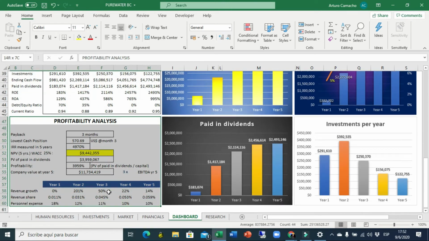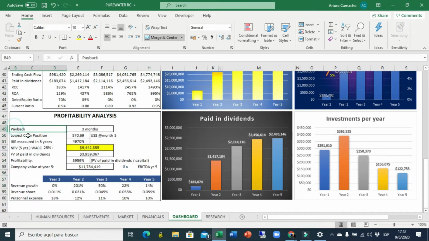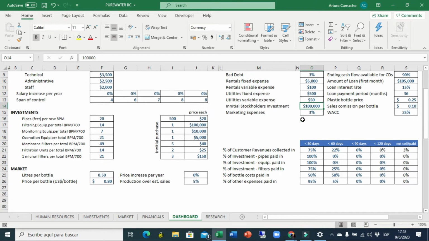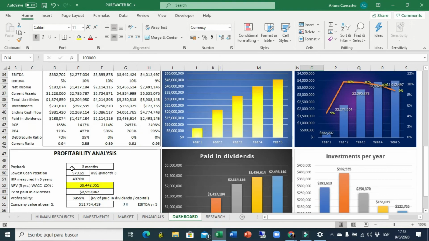Here is the calculation of some profitability measures, like I told you: the internal rate of return, the net present value after 5 years, the present value of these dividends, and of course the profitability index, which is whatever you receive in 5 years of dividends divided by the capital, the 100,000 million.